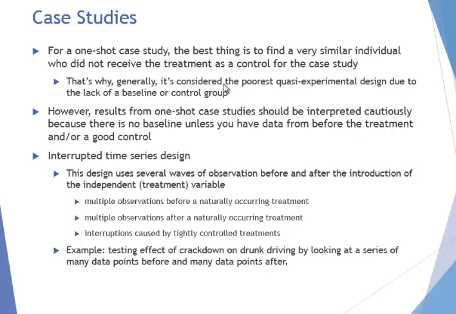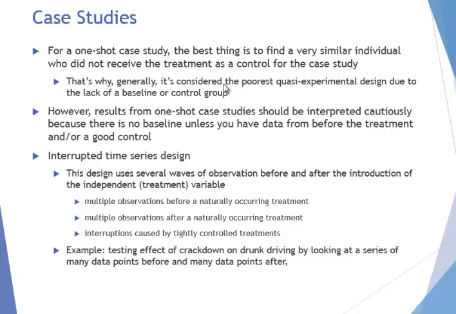But if you can find somebody from a similar home, who had a similar socioeconomic background and did not get the treatment, if you have a new treatment to try to improve the attitude or behavior of an individual, and you find somebody in a very, very similar circumstance who did not get the treatment, that's the best way to establish a control.